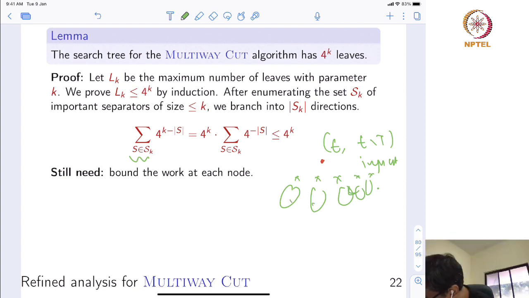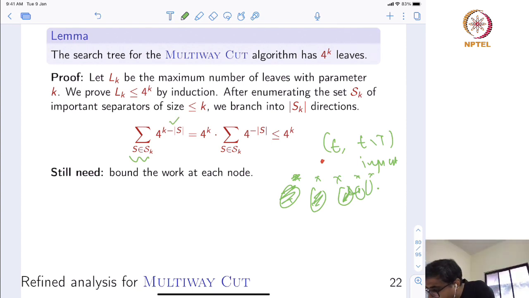So by induction hypothesis, the total number of leaves is the leaves here plus leaves here plus leaves here, which is summation over S in Sk of 4 to the power k minus |S|, right? Because that is so many branches. For each S in Sk, the important cuts, the parameter drops by |S|, and so for this, by induction hypothesis, the number of leaves is upper bounded by 4 to the power k minus |S|.